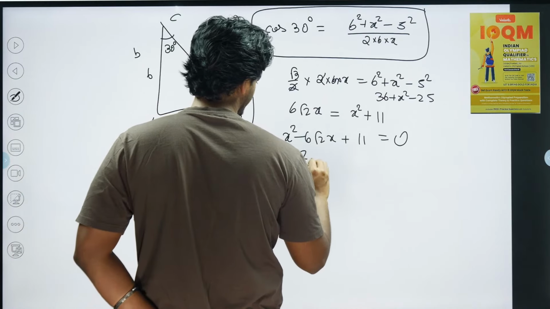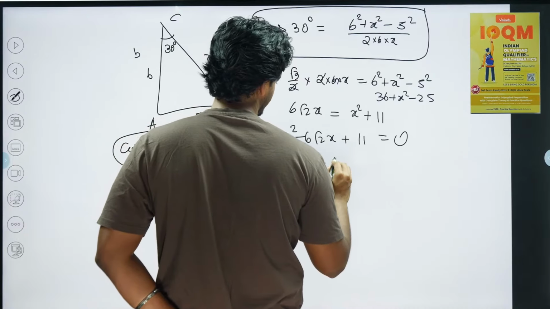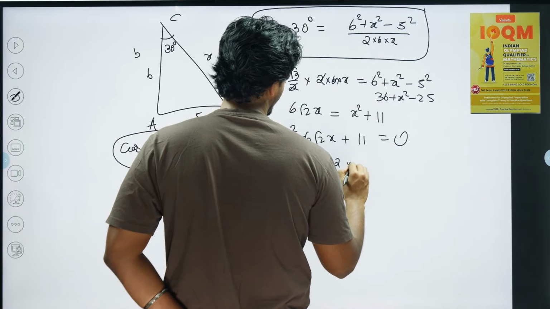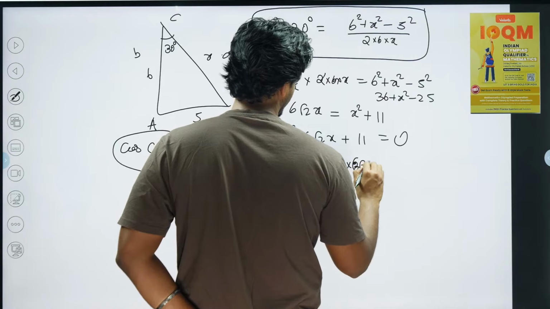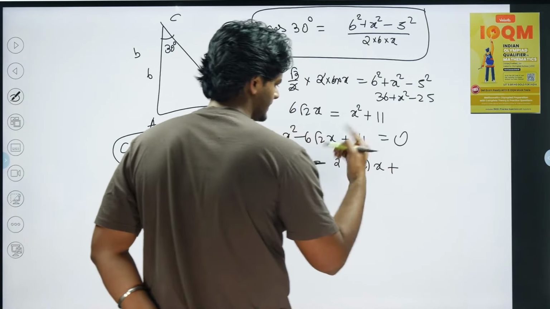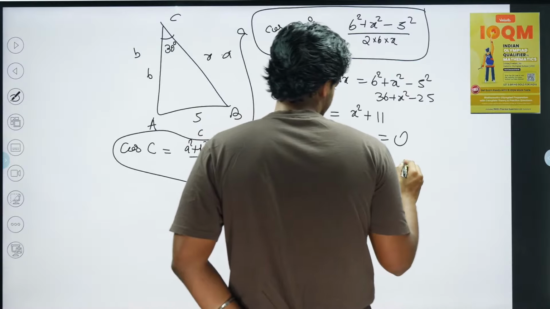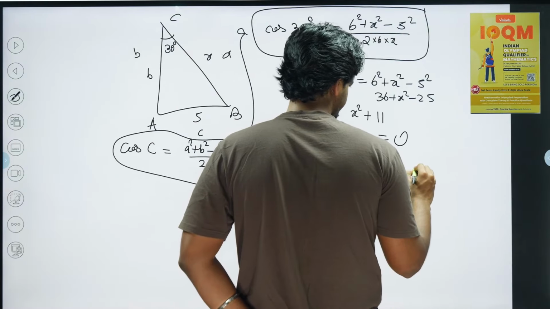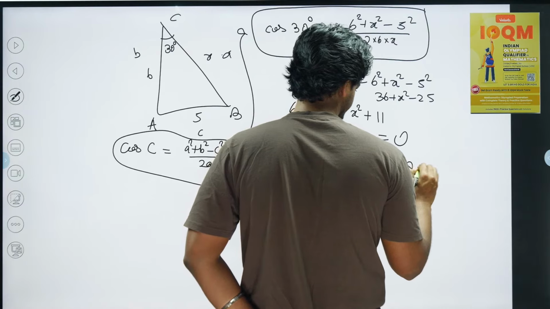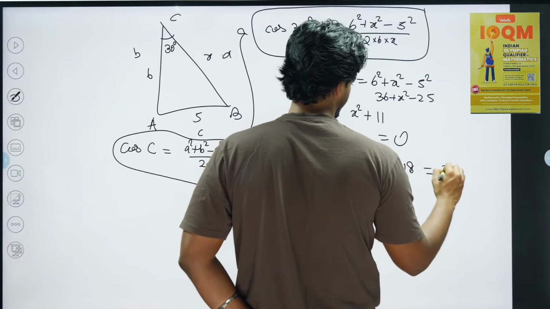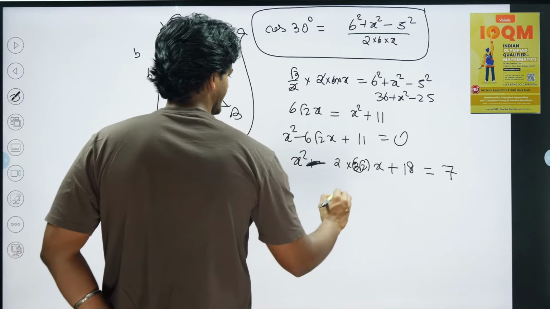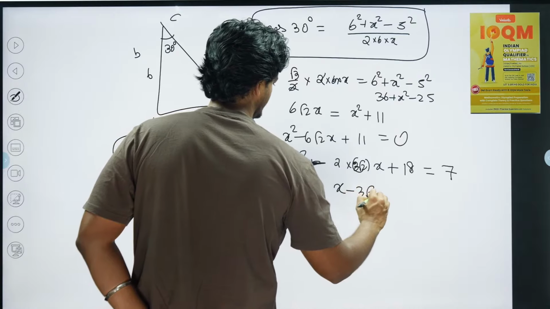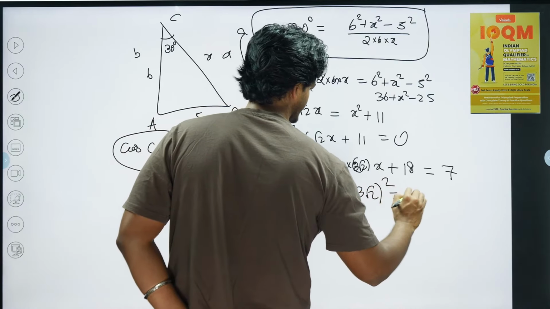So this is x square minus 2 into 3 root 3 x plus, what is 3 root 3 squared? 27 is equal to minus 11, so x minus 3 root 3 whole square is equal to 16.